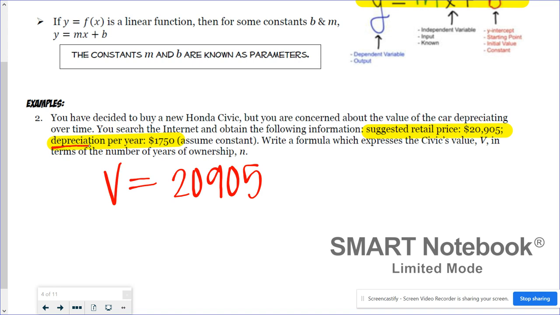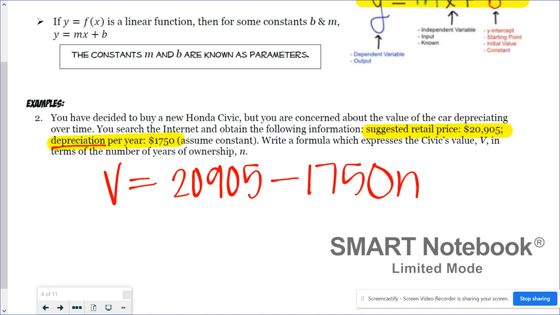The value of the car is depreciating, which means it is decreasing each year. And it's decreasing by $1,750 for each of those N years of ownership. So this would be our function. V equals 20,905 minus 1,750N.